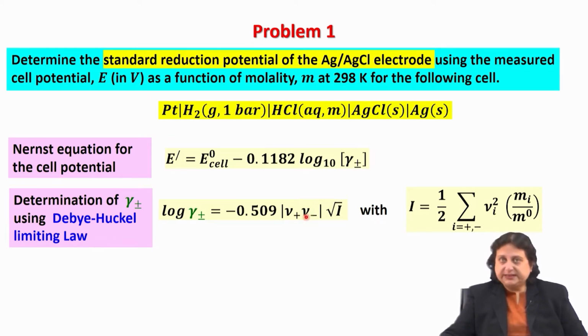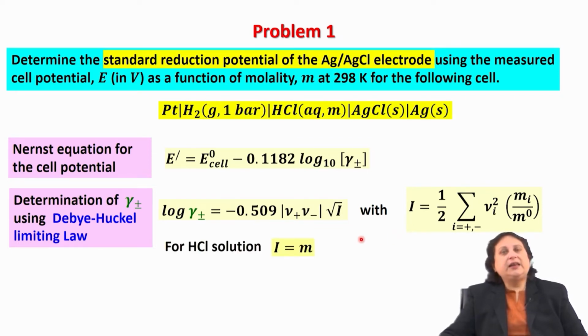So, in the case of HCl, nu plus is equal to 1 and nu minus is also equal to 1. I will take a modulus of this product multiplied by root over of I, where I is the ionic strength whose definition we have seen before. Okay. So, for HCl, I can very easily write down that I is equal to m, where m is the molality of the aqueous solution of HCl.